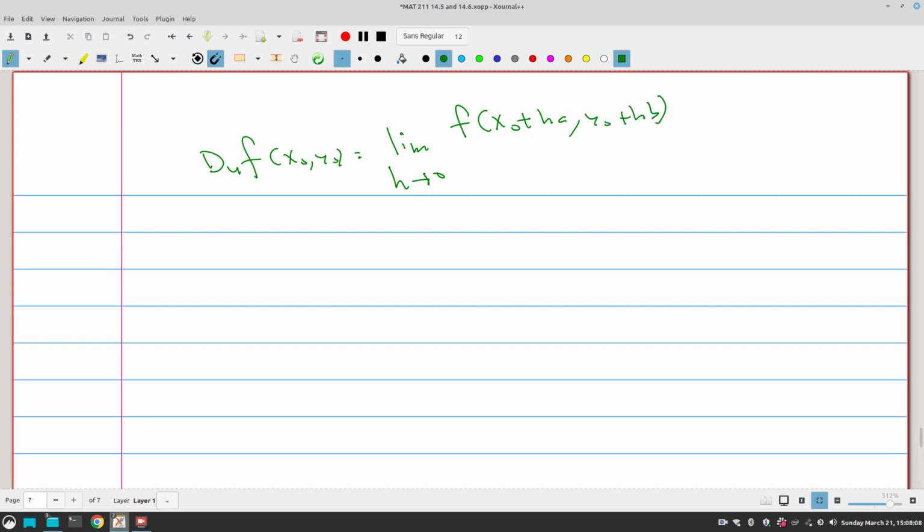Remember, a and v are the components of the unit vector u, minus f of x0 comma y0 divided by h.